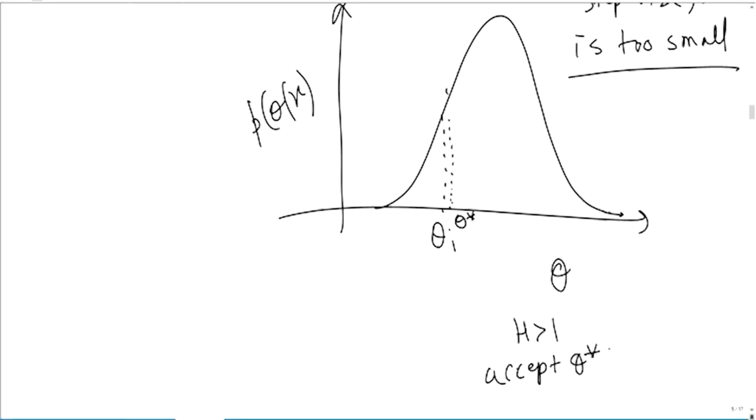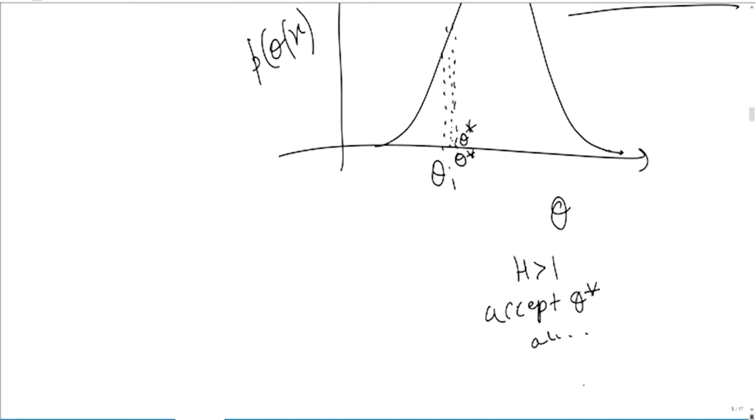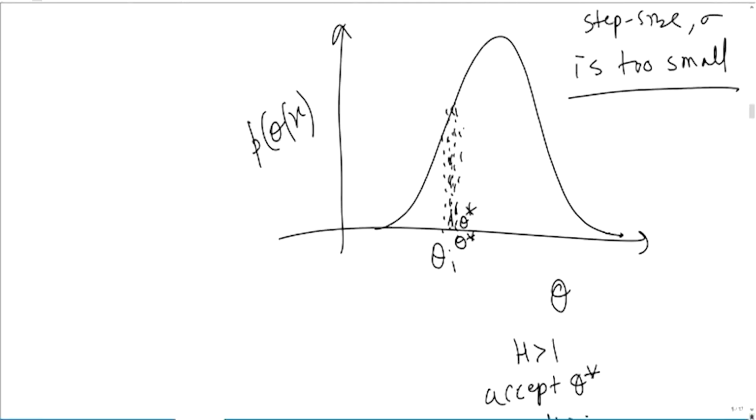Now let's say I again generate a new proposal. It would again be very close to theta star. I should again accept it, right? Now I generate another new proposal, which will be here. So I will keep accepting some of them and keep rejecting some of them.